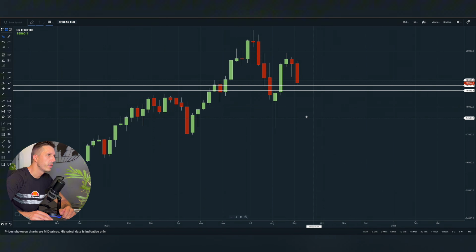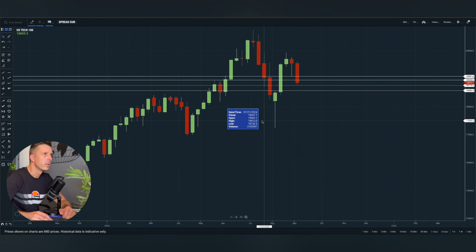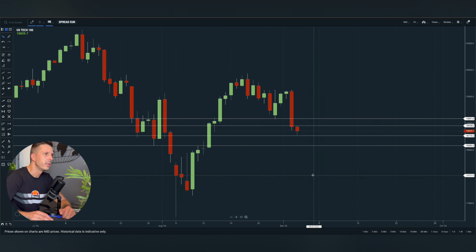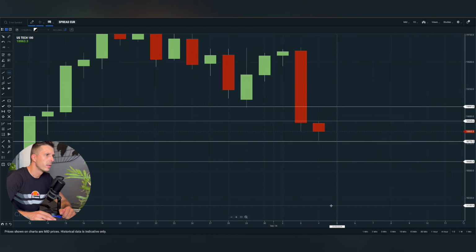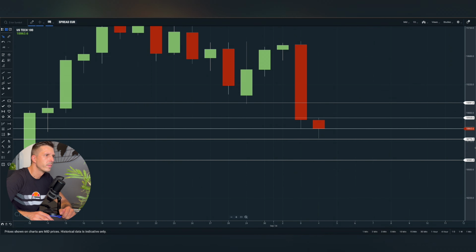Let's see on the weekly. We are interested about this bottom. So that's basically what we are interested in on the weekly. Let's see the daily candle. Okay, this daily low, it's a key area right there. The high we have, the low we have.